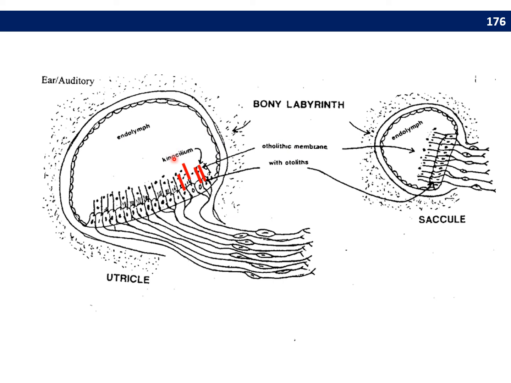Here's a picture of the utricle and saccule. There's also these kinocilia, right? This extra long cilia. What's different about the utricle and saccule is that they have these otoliths, which are calcium carbonate crystals that create this otolithic membrane.